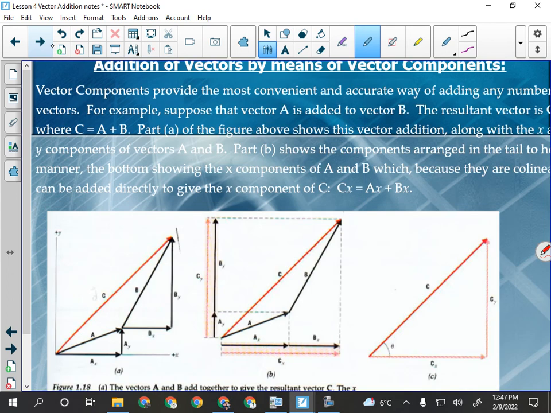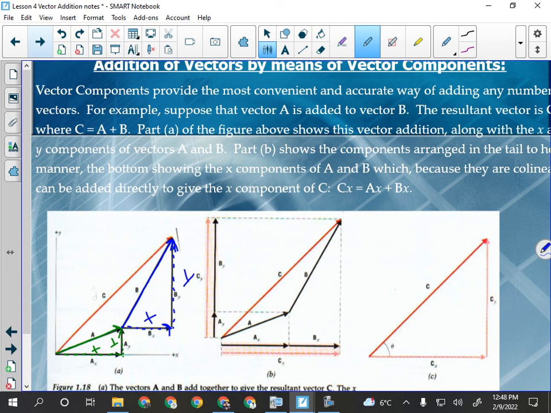So the whole purpose of this, like we said, is to take our vectors. If I had vector A and vector B, and I wanted to find their resultant, which is C, I would have to figure out how far over and how far up A goes. It's X and Y. How far over and how far up does B go? It's Y and X components.